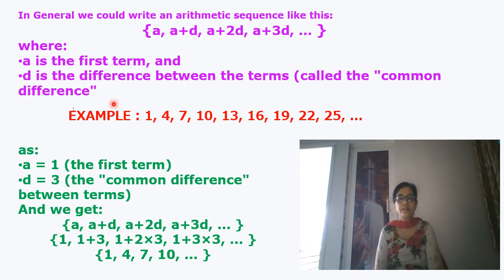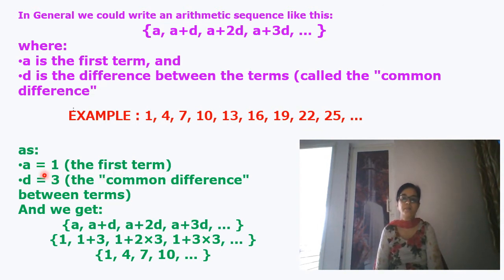Now let me explain this concept with an example. Here you can see an example where I have taken the sequence 1, 4, 7, 10, 13, 16, 19, 22, 25, and so on. Here, what is A? A is the first term and its value is 1.